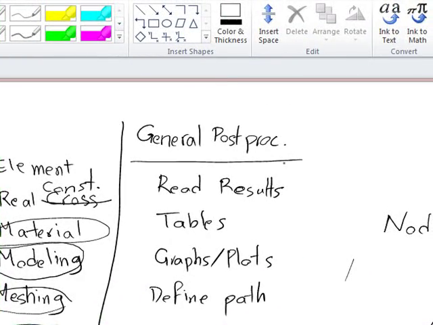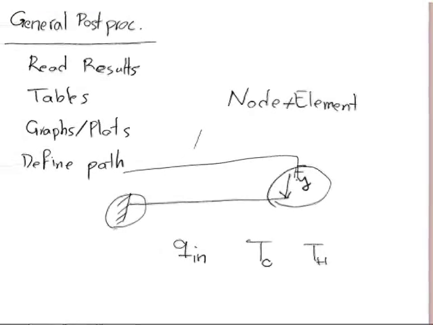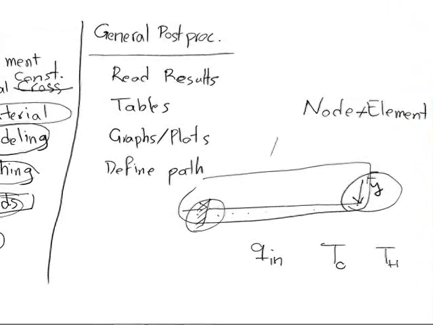If you're doing a static analysis, let's say just a very simple one, like this example that I drew in here, and your load is just a constant load, which is not changing by time, when you want to read the results, you're basically looking for the displacement at any point of this beam, the reaction forces in here, which are going to be in terms of F in X, F in Y, and moments in the fixed end, and probably stresses distributed along the length of the beam.